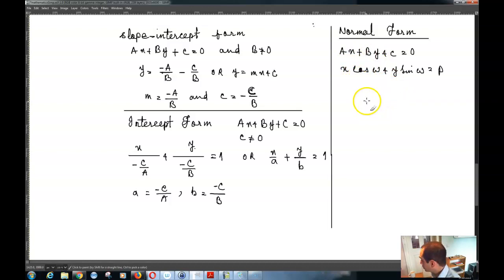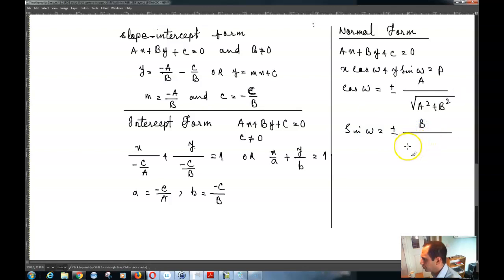And over here you can write cos omega as plus or minus a over the square root of a squared plus b squared. Sine omega you can write as plus or minus b over the square root of a squared plus b squared, and p you can write as plus or minus c over the square root of a squared plus b squared.